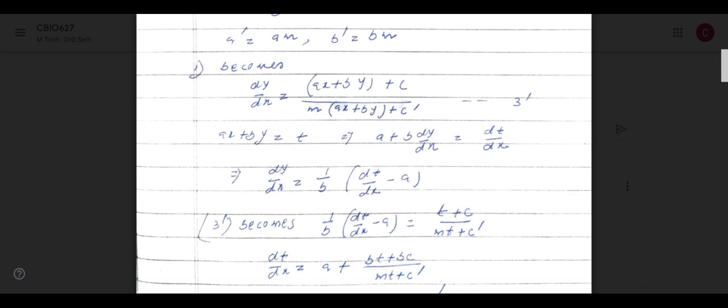Now our dy/dx equals 1/b (dt/dx - a) on the left side, and on the right side ax + by is basically t, so (t + c) / (mt + c'). Did you understand?